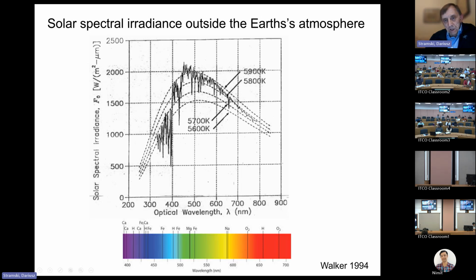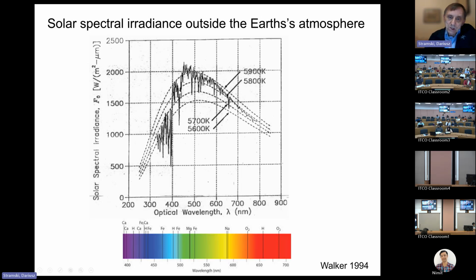You can see it has a lot of downward spikes, and superimposed on this graph are several dashed curves, which again represent blackbody radiation curves for several temperatures ranging between 5,600 and 5,900 Kelvin. So that again is just a reinforcement of the conclusion that this range of temperature is consistent with temperatures that are expected at the solar photosphere.